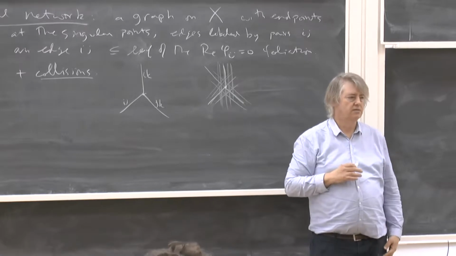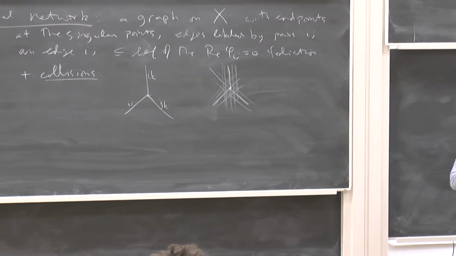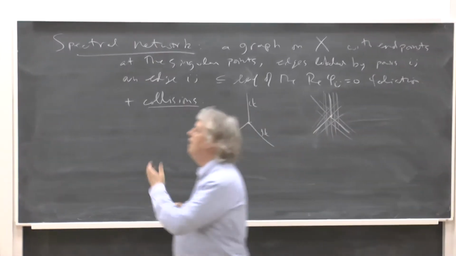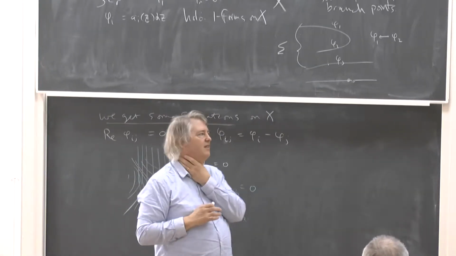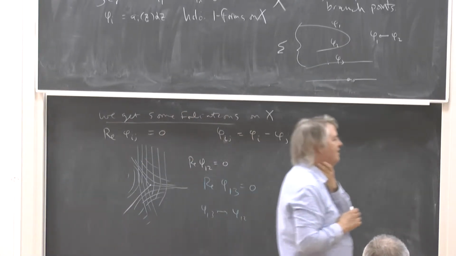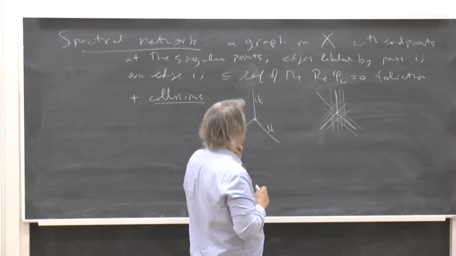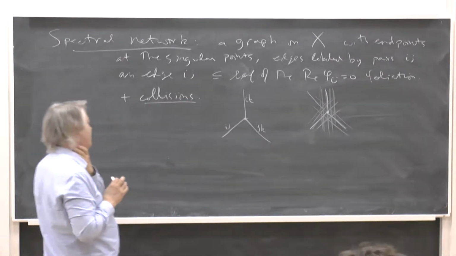And do you allow quadruple collisions? Do you allow multiple collisions? That's a good question. Generically, no, but in principle, yes. In fact, we'll see that in a minute in this SL3 case.